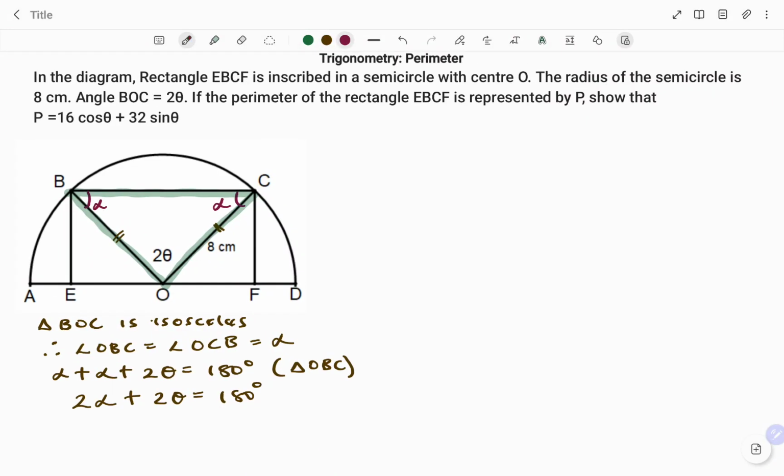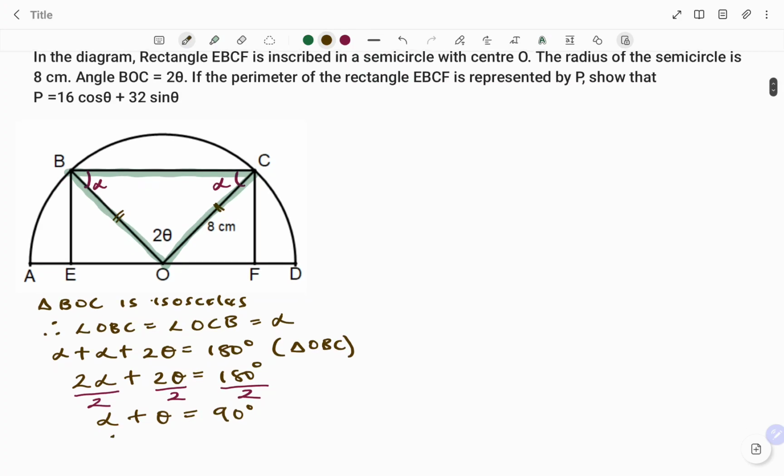Dividing each term by 2, and whatever you do on your left, you do on your right, what I'm going to have is alpha plus theta equals 90 degrees. So therefore, making alpha the subject of formula, alpha equals 90 degrees minus theta. So that's the value I'm going to use for my alpha.